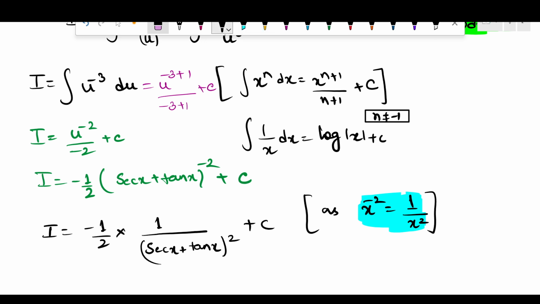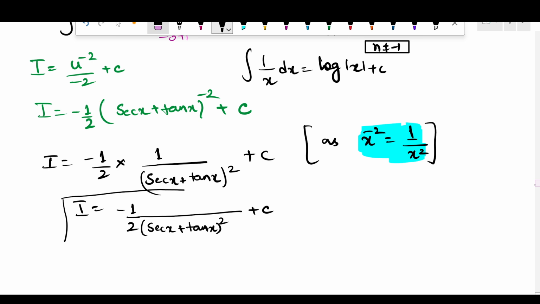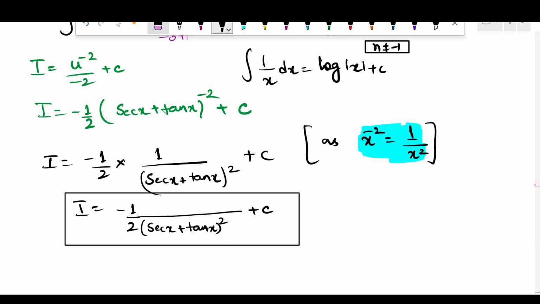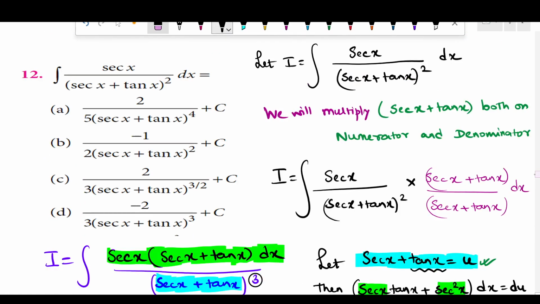So our final answer is minus half times 1 over (secant x plus tan x) whole square plus c. I hope this is clear to all of you. Let's see the options. I think this is option number B.